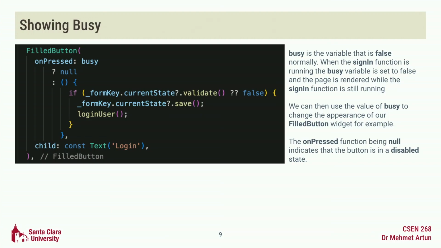For example, the email field is going to save its contents to the email variable, whereas the password field is going to save its contents to the password variable, right? So with this, everything inside the form is going to trigger its own save command.